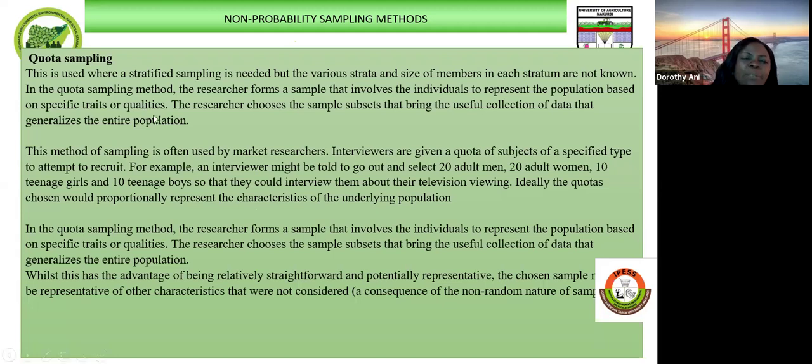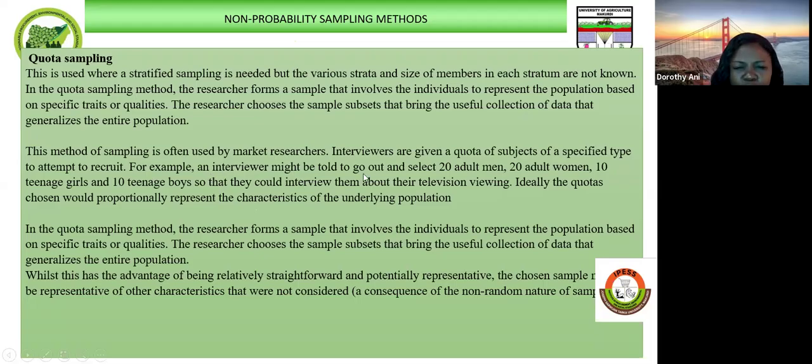In the quota sampling method, the researcher forms a sample that involves individuals to represent the population based on specific traits or qualities. The researcher chooses the sample subset that brings the useful collection of data that generalizes the entire population. This method of sampling is often used by market researchers. Interviewers are given a quota of subjects of a specified type to attempt to recruit.